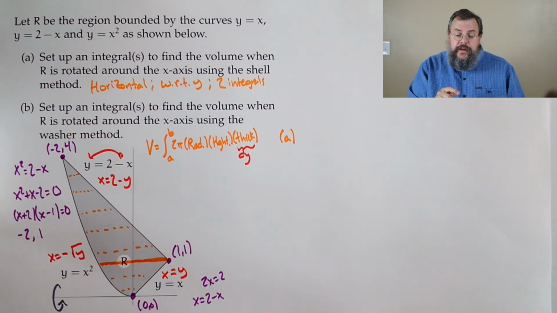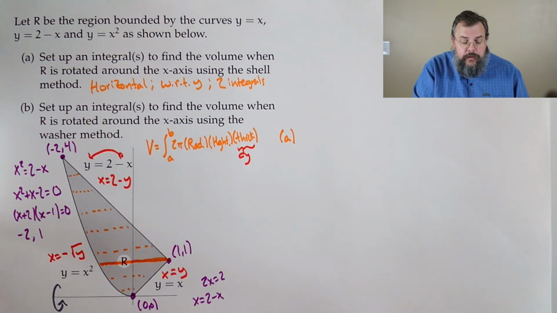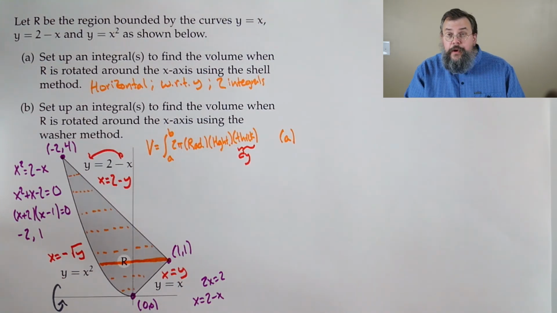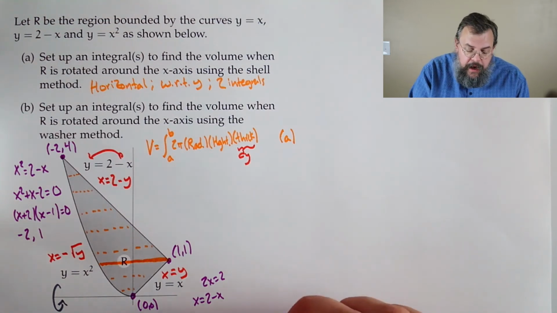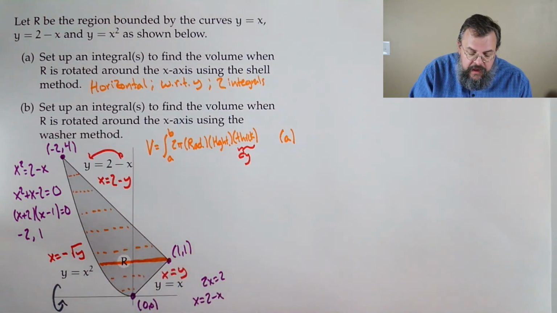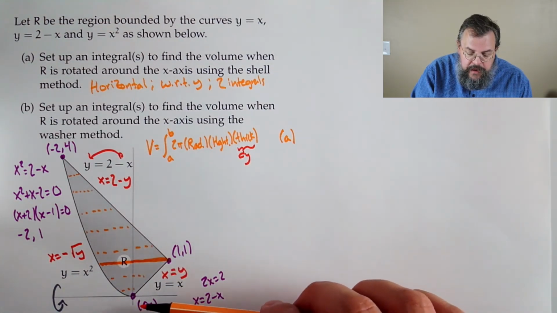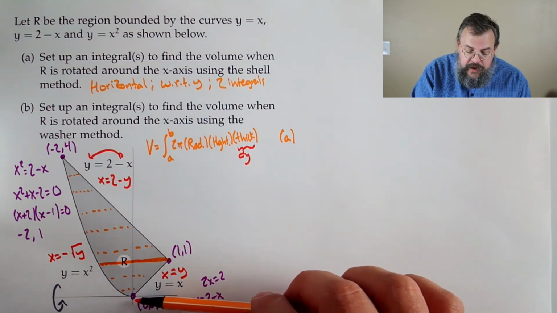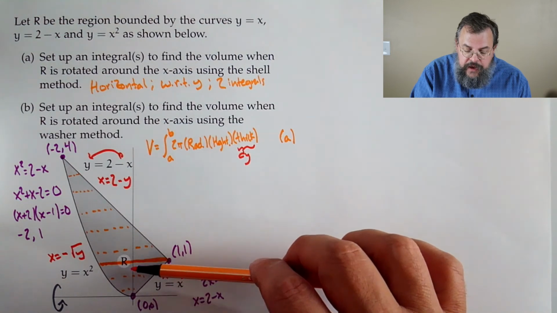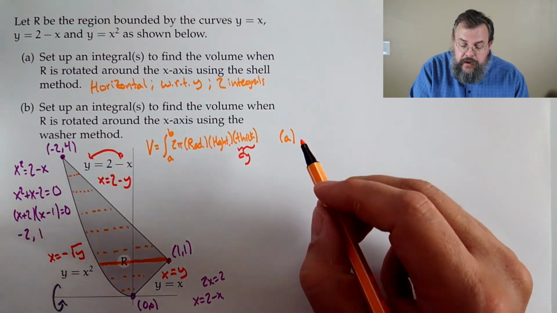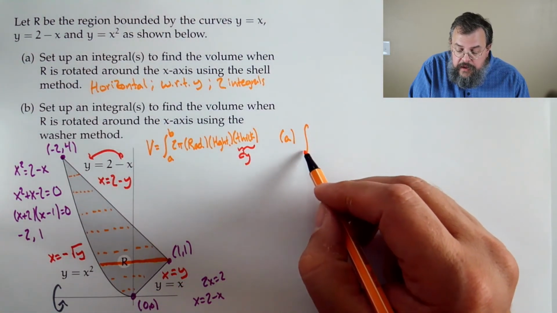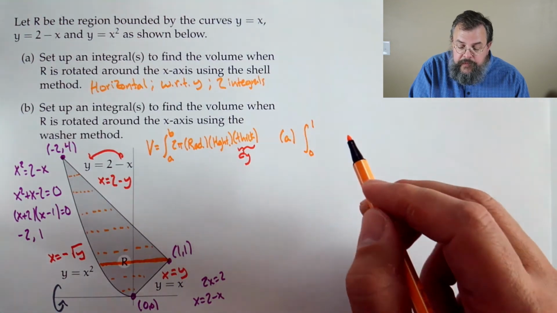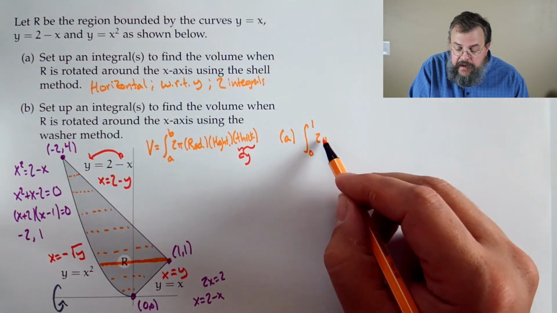Okay, so now let's go through piece by piece. Let's suppose we start at the bottom. We might as well work our way up. We say, all right, where are we going from? Well, the low value for y is at the very bottom, 0, up to the transition point. So we're going to go 0 to 1. 2 pi.